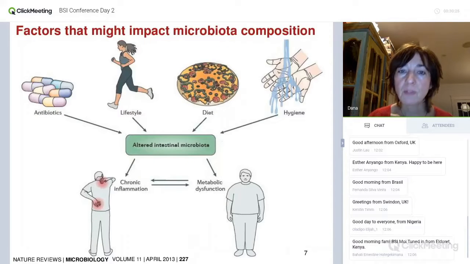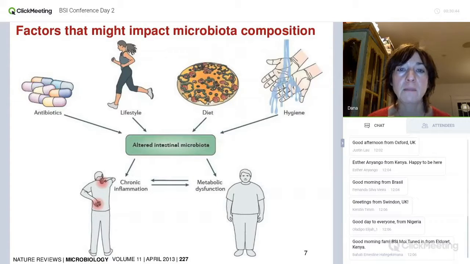So what affects the composition of the microbiota? Some of them are listed here. Antibiotics, as we saw in that resilience slide a few slides ago, can have quite a large effect on altering the intestinal microbiota.